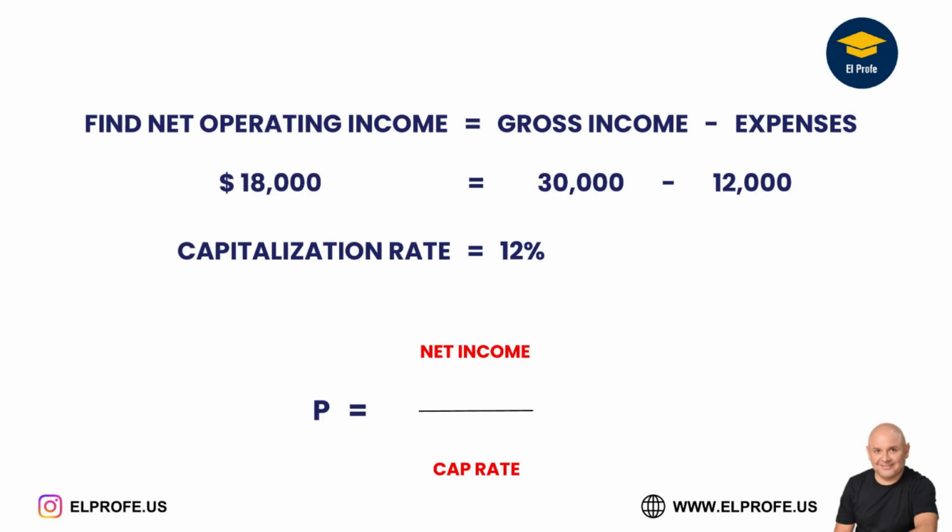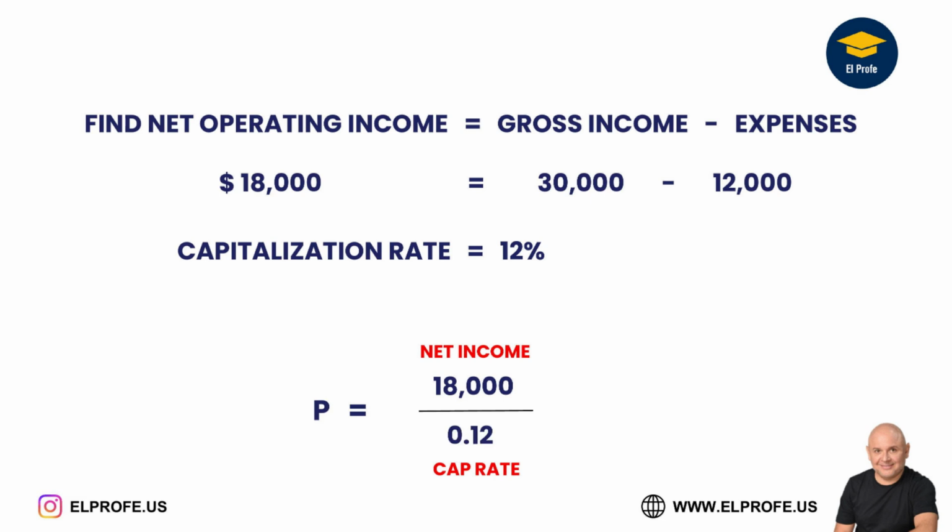With these two numbers, you can find the property price. How? Like this. The price is equal to net income divided by the capitalization rate. So looking here, replacing the numbers, I have net income of $18,000, capitalization rate 12%. But I cannot put 12, I have to put 0.12.